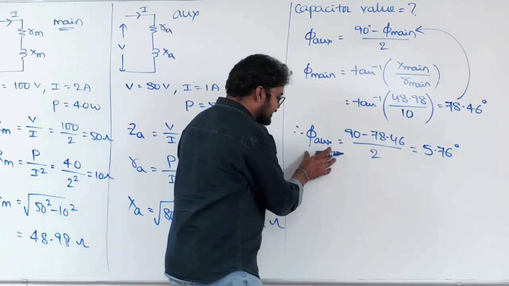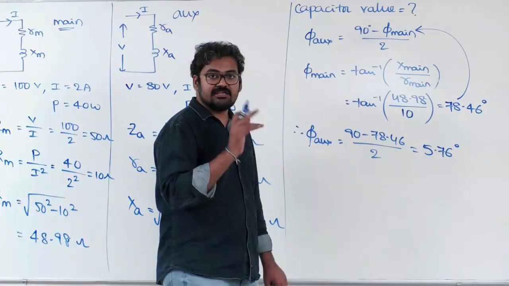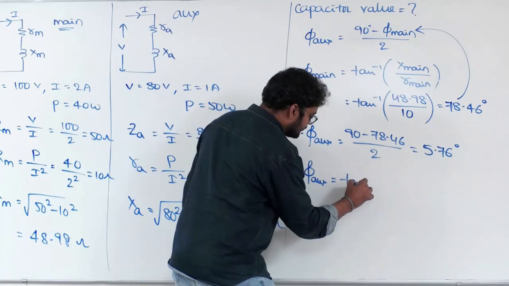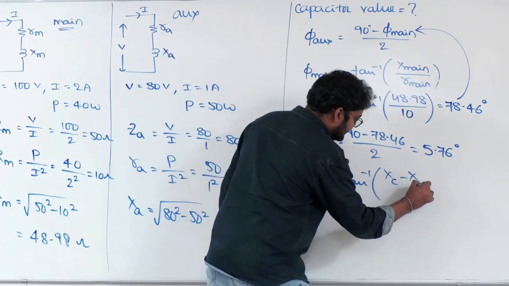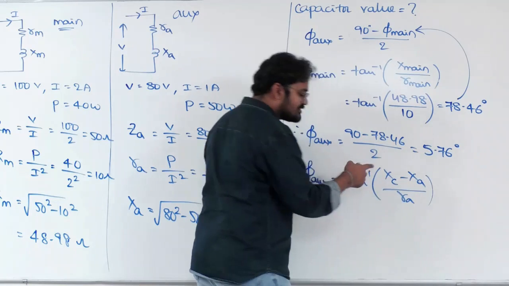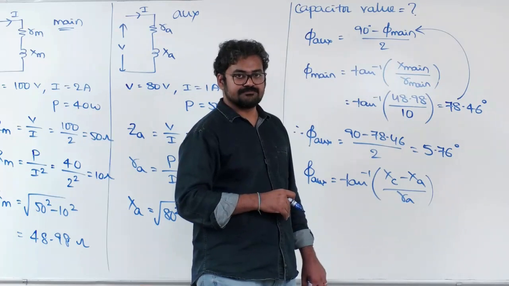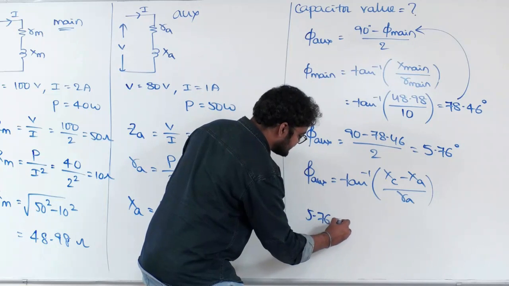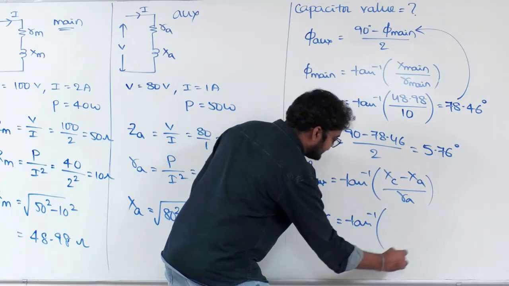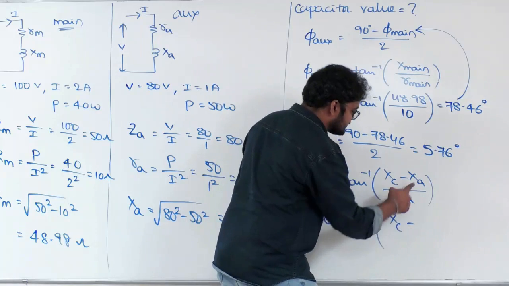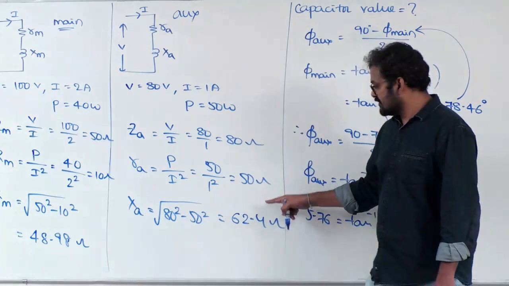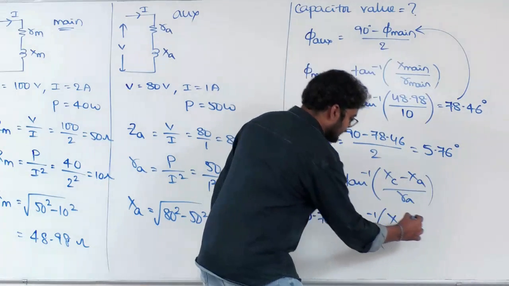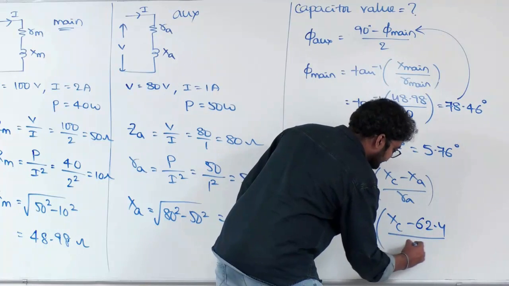When you know phi auxiliary, tell me what is the formula for phi auxiliary when a capacitor is added. We know phi auxiliary is equal to tan inverse of XC minus X auxiliary by R auxiliary, because this is after adding the capacitor. So phi auxiliary is already known: 5.76 degrees is equal to tan inverse of XC minus 62.4, divided by 50.